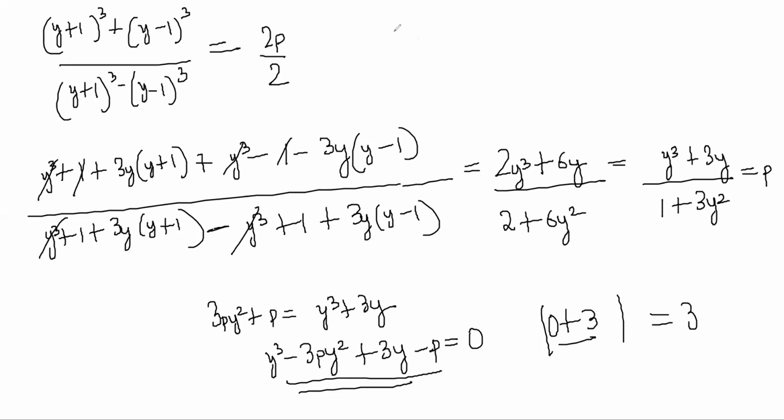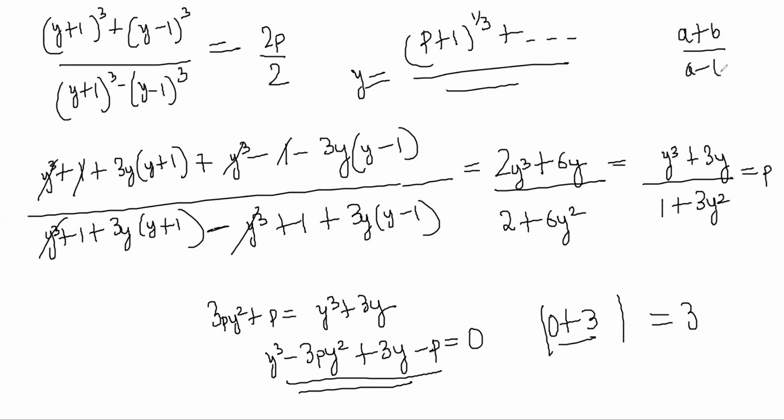The entire question, as soon as I saw that it is some p plus 1 to the power 1 by 3 and something like this, I was like, okay, obviously you have to do componendo and dividendo because it is a plus b by a minus b. And once you do componendo and dividendo, the next obvious idea is to cube it, no?